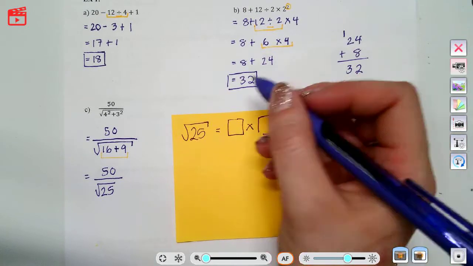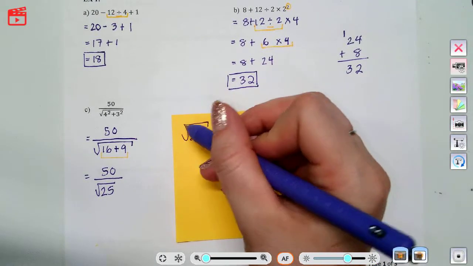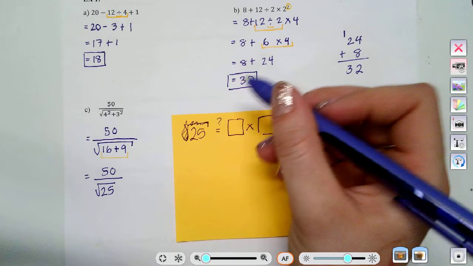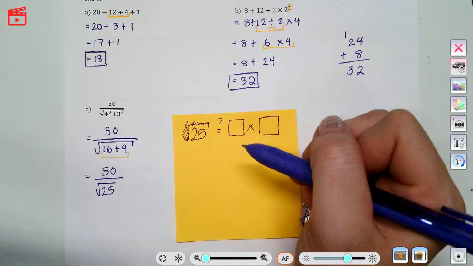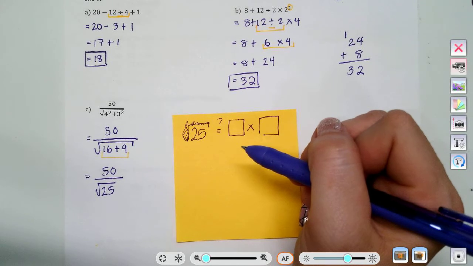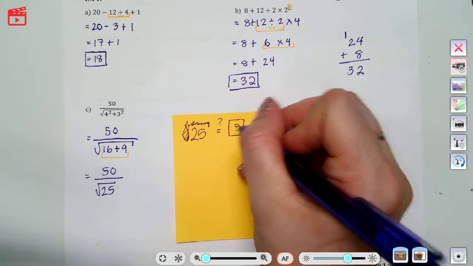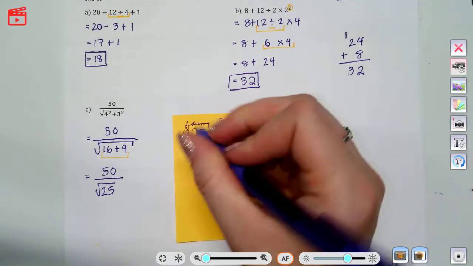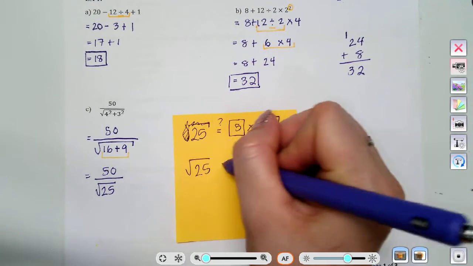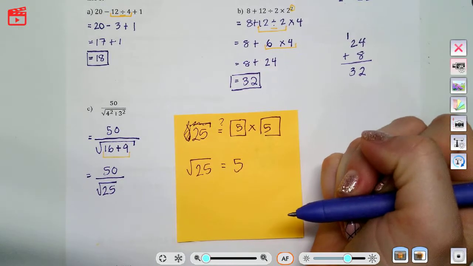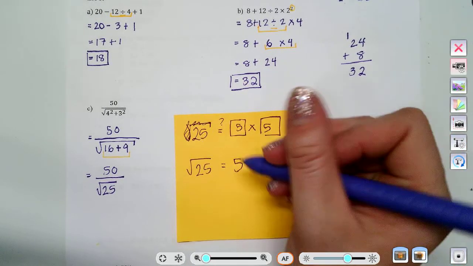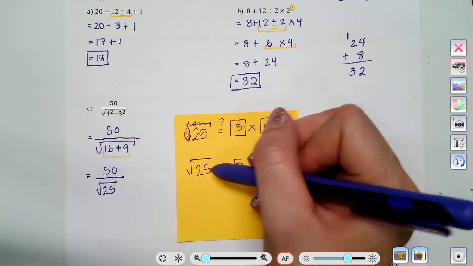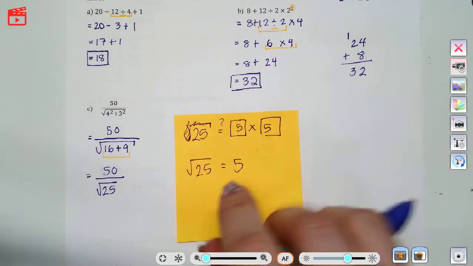What number times itself would give me 25? Let's see, 4 times 4 was 16. 5 times 5 is 25. So the square root of 25 is going to be 5, because the square root's asking what number times itself gives me 25, and the answer to that is 5.